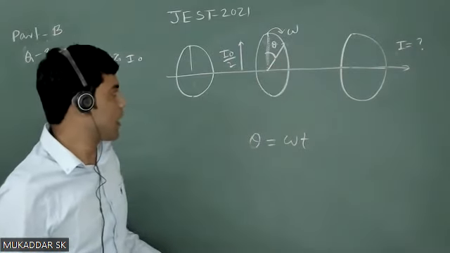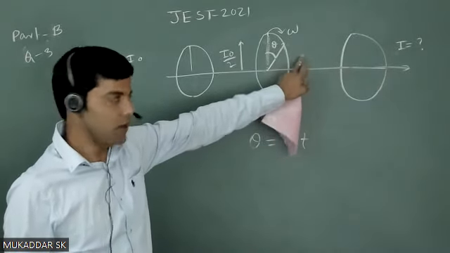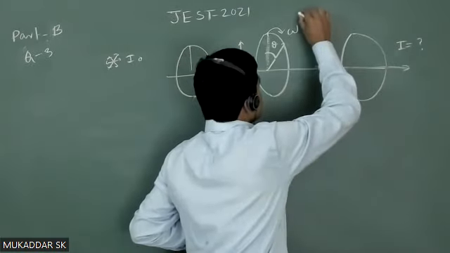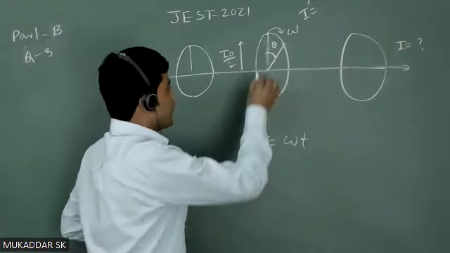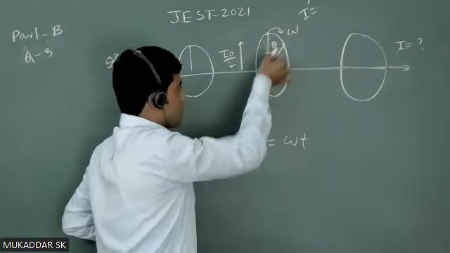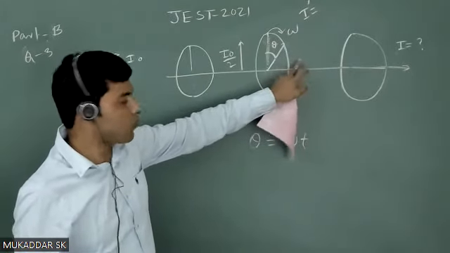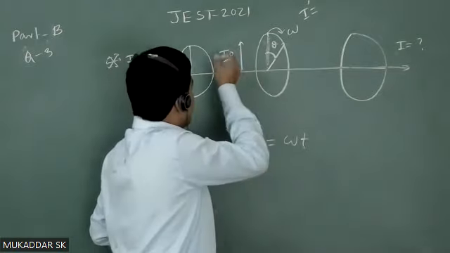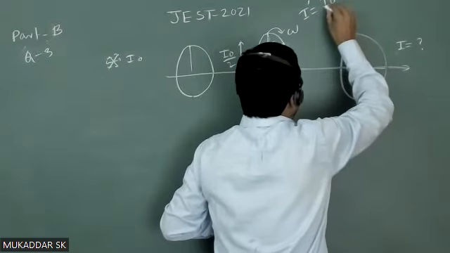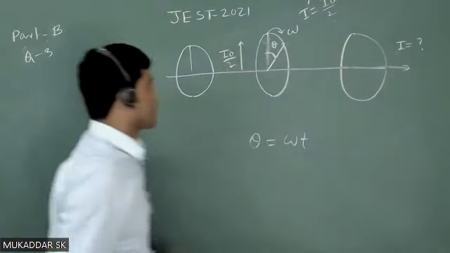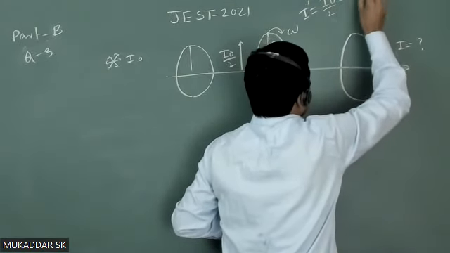If we apply Malus law, the intensity I dash here will be the incident intensity I naught by 2 times cosine square theta, and theta is omega t.